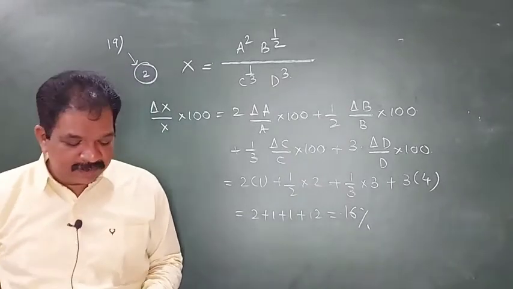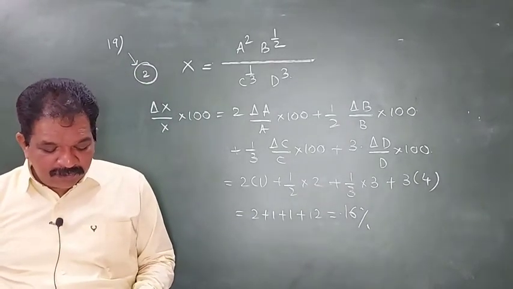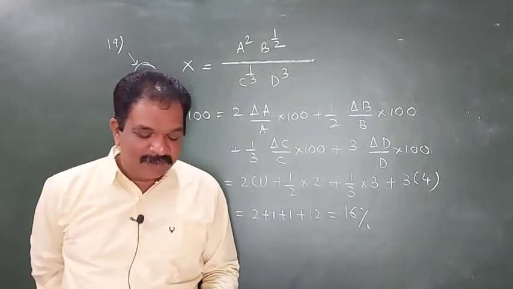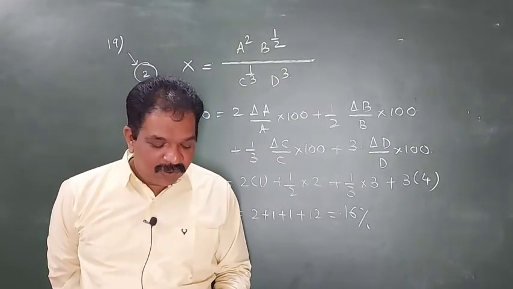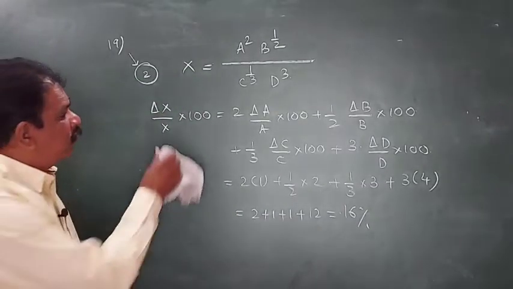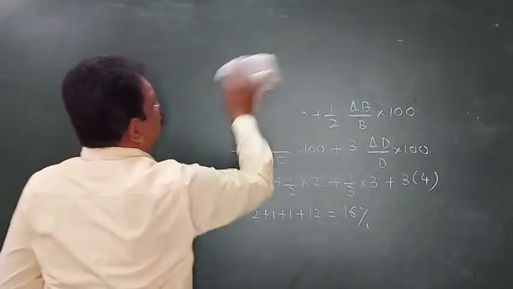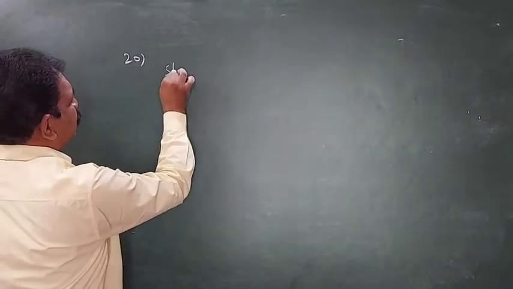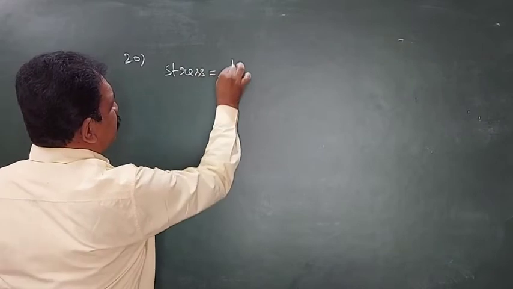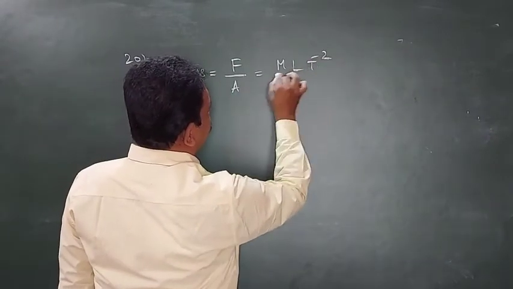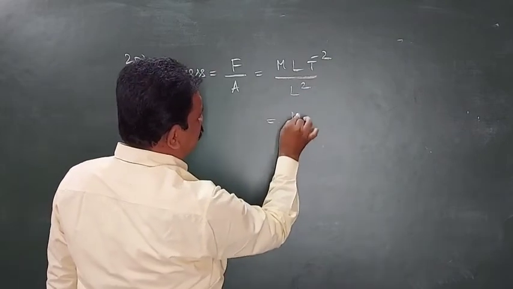Clear? Next. 20, you see, this year they asked simple questions only. Dimensional formula of stress is what? Stress dimensional formula will be force per unit area. Stress is equal to force by area, MLT power minus 2 by L square.